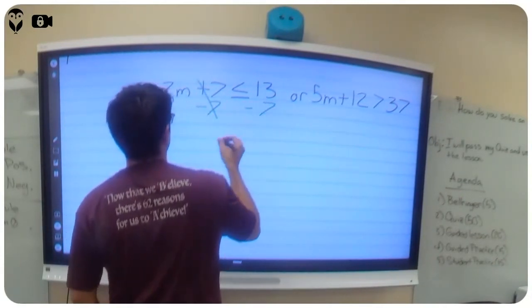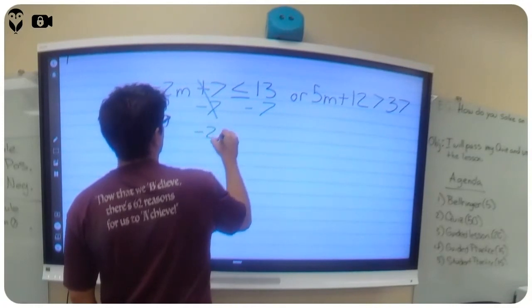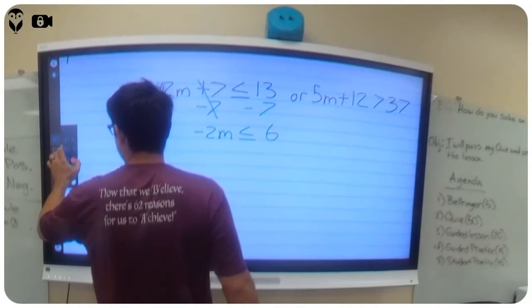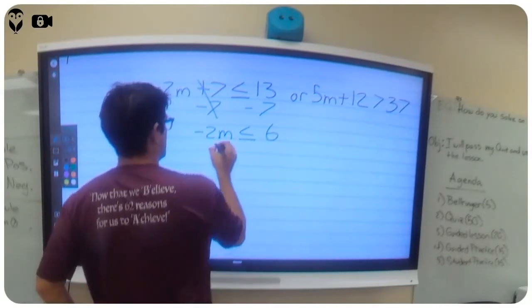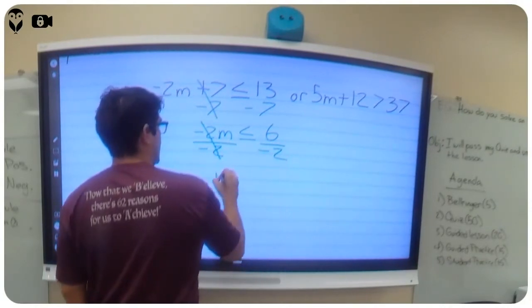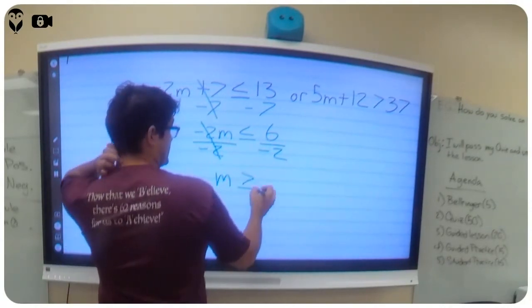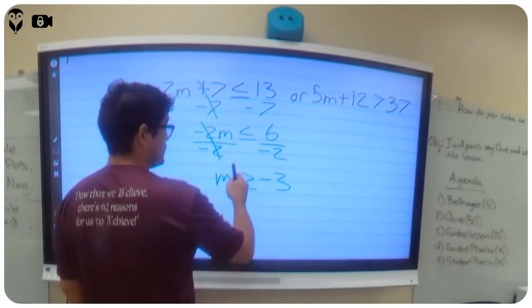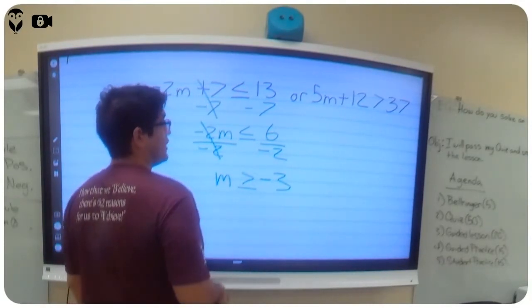So now you're left with negative 2m is less than or equal to 6. Then you are going to divide by negative 2. m is now greater than or equal to negative 3. The sign flipped because I divided by negative 2 on both sides.